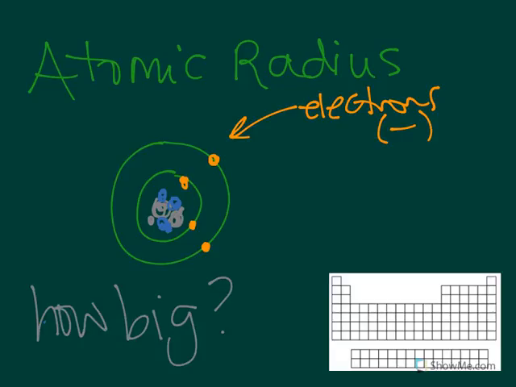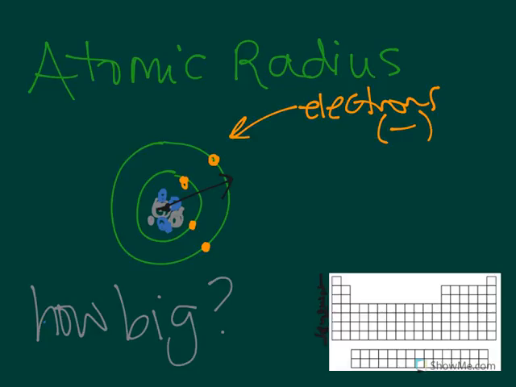So, as with the radius of a circle, you measure the radius of an atom from the center of the nucleus to its outermost energy level. Now, if you look at the periodic table, energy levels increase, so the number of rings would increase as you move down the periodic table. So every row on the periodic table represents another ring being added to the atom.